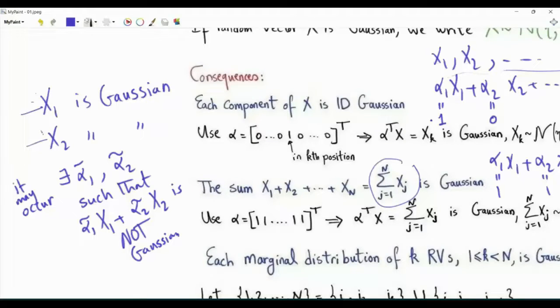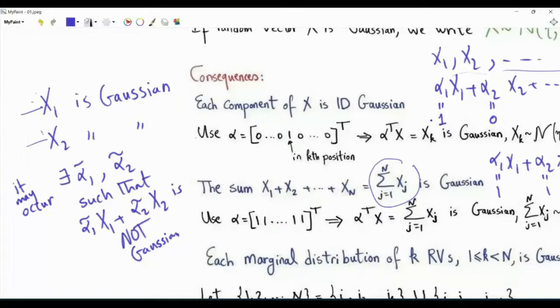Okay, so this is very important. I cannot say that the sum of Gaussian random variables is Gaussian. What I can say is that the sum of jointly Gaussian random variables is Gaussian. I can say that in a collection of jointly Gaussian random variables, each random variable is Gaussian.